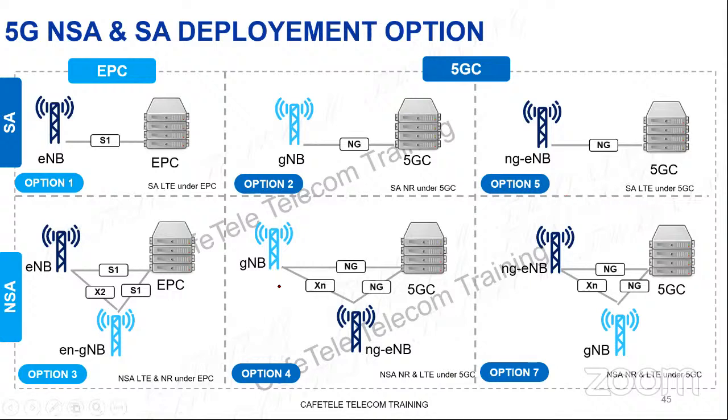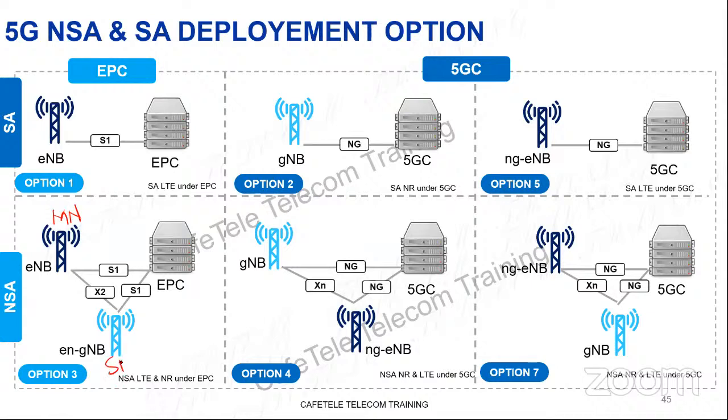So if I ask you here, who is master in option 3? Who is the master node? The master node is eNodeB. Yes, this is the master node. Why is this the master node? Because the control plane is handled by eNodeB. Right. Who is the secondary node here in option 3?